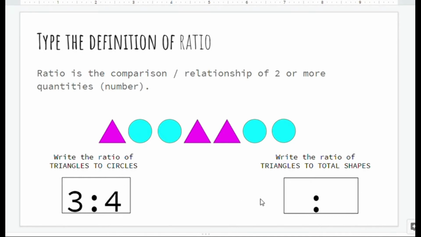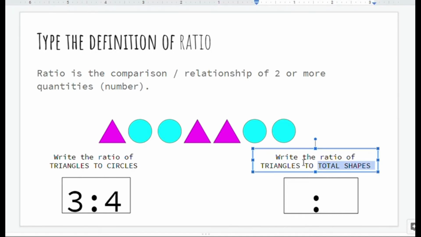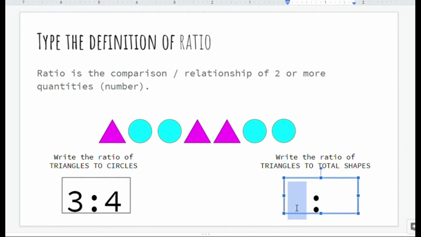So moving on to this one over here. This one is a little bit different, and the only thing that's different is the second number. So we'll write the ratio. The first number they're asking me for is the same. How many triangles do I have in this diagram? 1, 2, 3. So I'm going to put my 3 on one side of my colon.